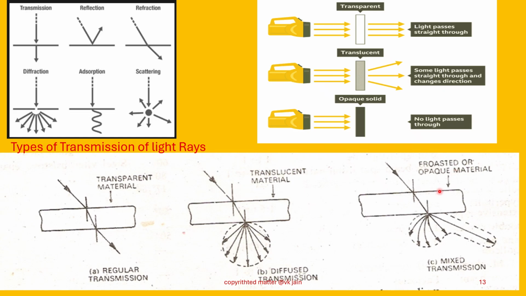The third one is frosted or opaque material. In opaque material, the light is incident, and when passing through there is a slight change in direction, and when it is coming out, it has a mixed type of transmission here.